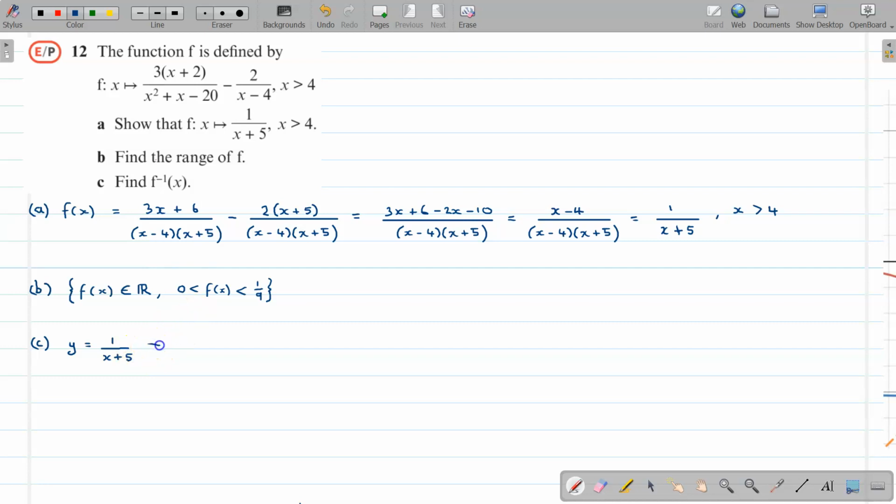So I'm going to say that yx plus 5y equals 1. Because I'm wanting to get x on its own, I'm going to take away the 5y from both sides.